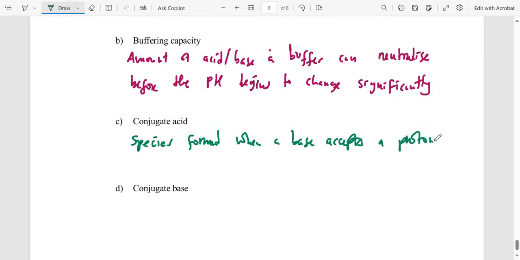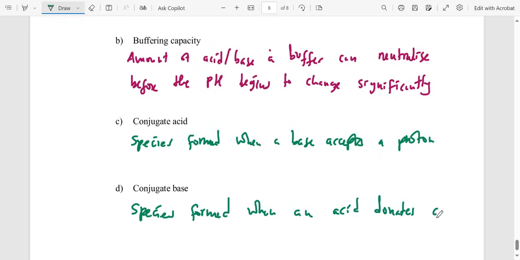And the opposite, a conjugate base, is a species formed when an acid donates a proton.